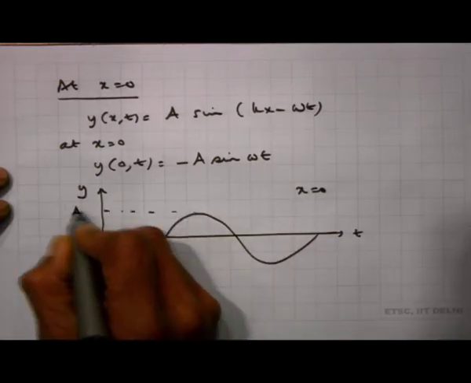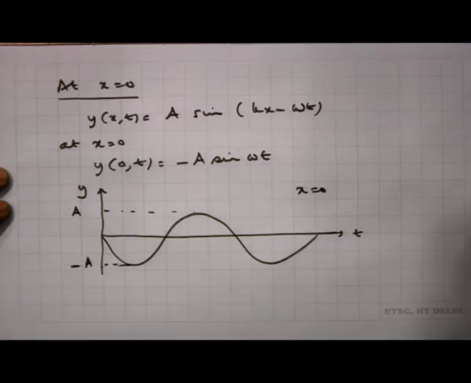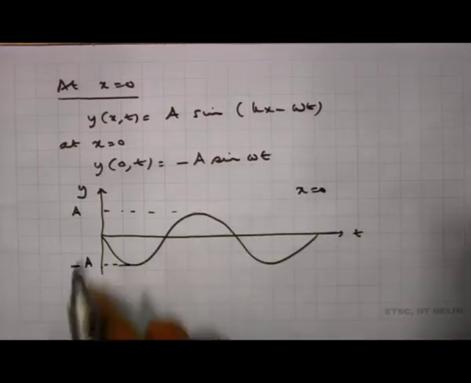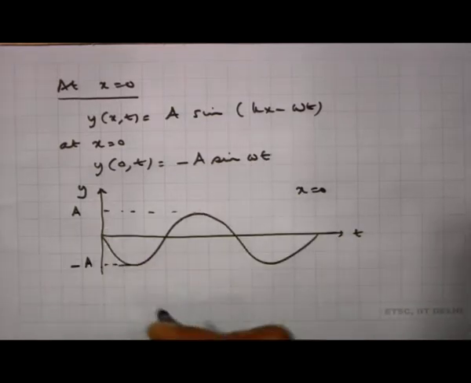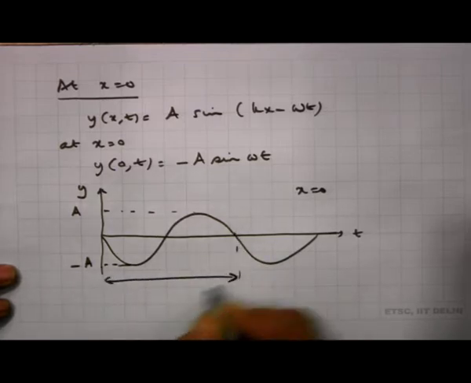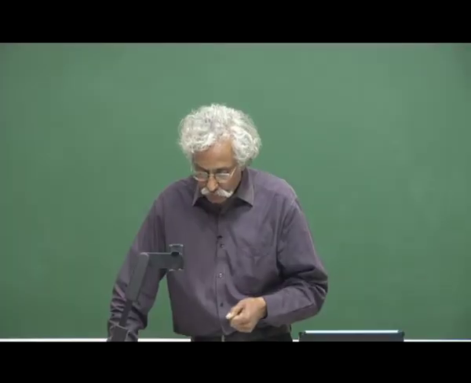So, this is a here and that is minus a. And so, as you can see here, the string moves up and down and repeats itself after a certain time which I call capital T, the time period. So, the string goes up and down at any point on the string and repeats itself after every time capital T.